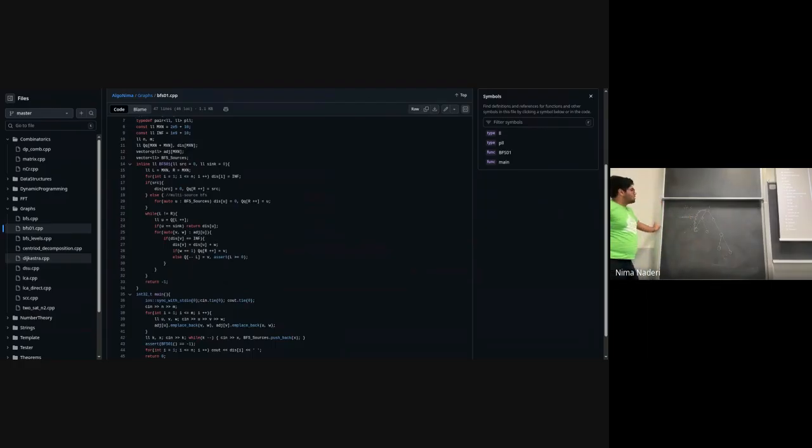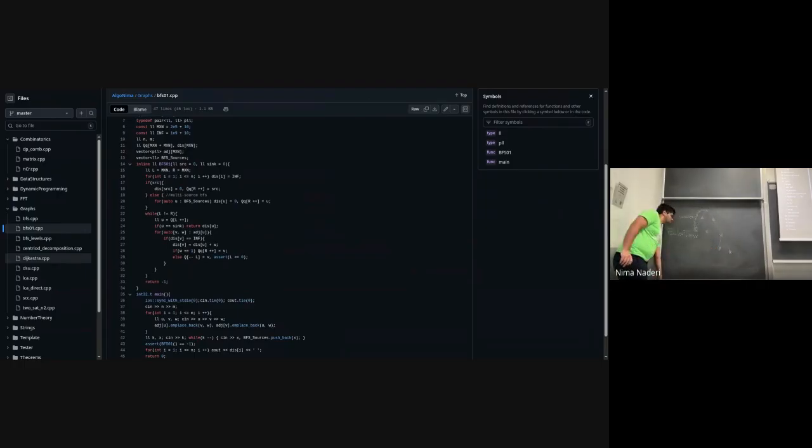The other important thing about the DFS is the Euler tour, which I mentioned earlier, but I will repeat. You save the order of the vertices that have been visited in the DFS order. So let's give names to these: 2, 3, 4, 5, 6, 7, 8.